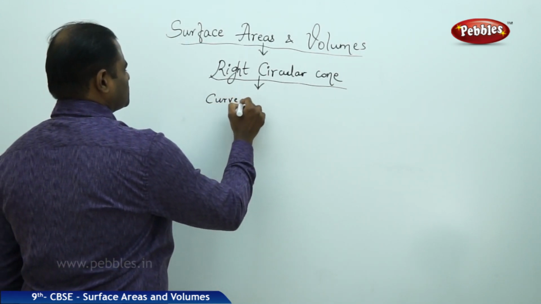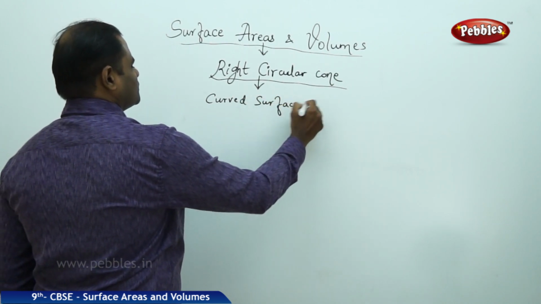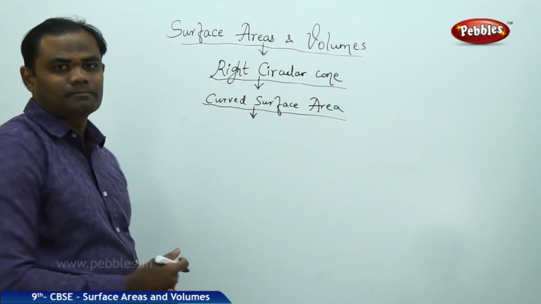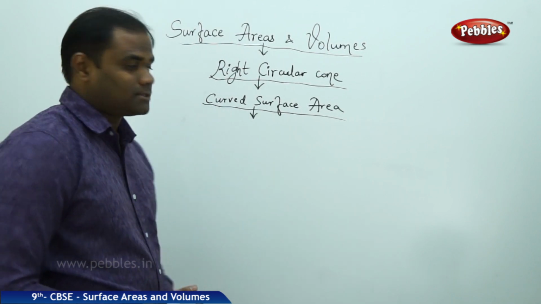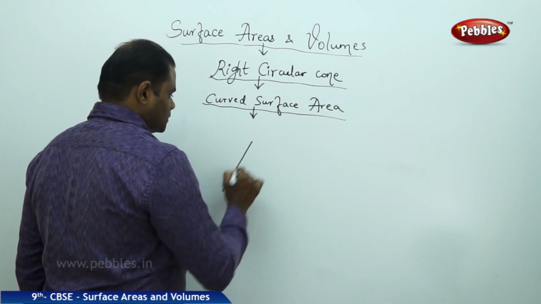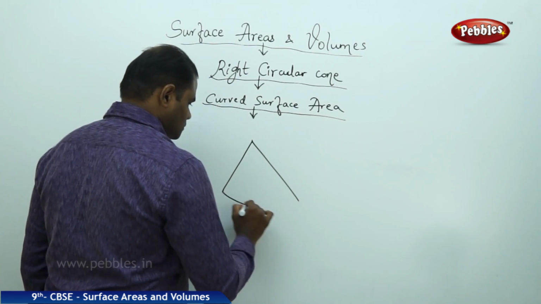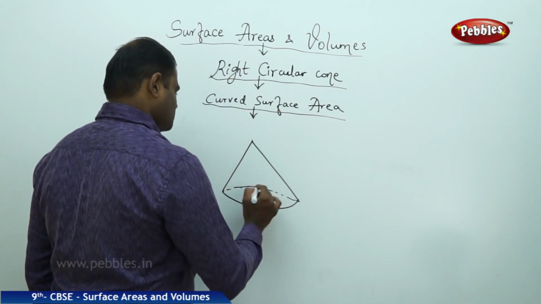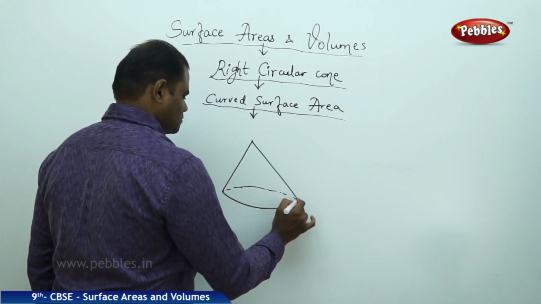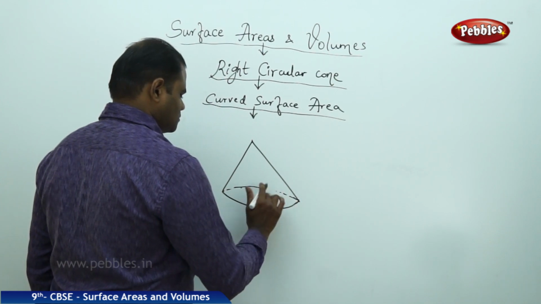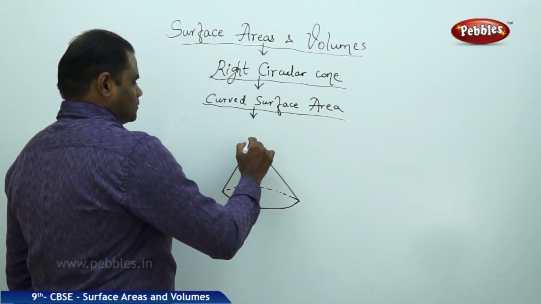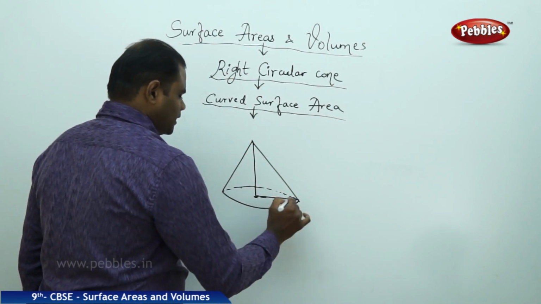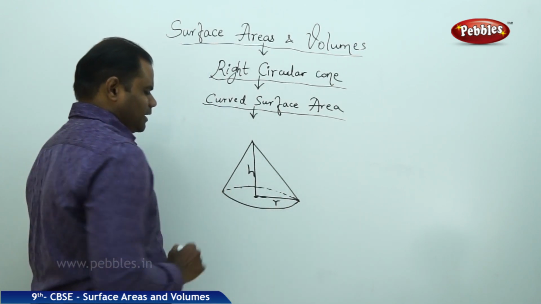So this session is about the curved surface area of a cone. Here is the cone. Here is the radius and here is the height.